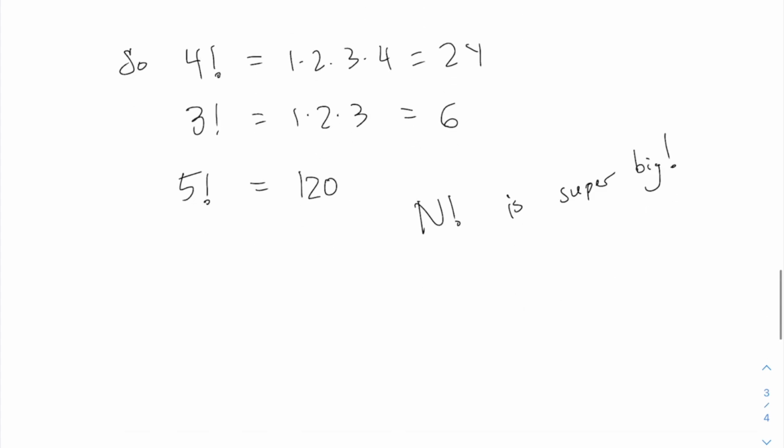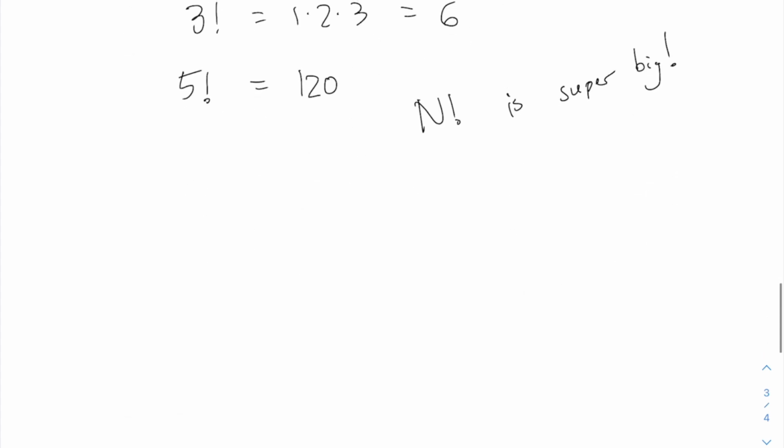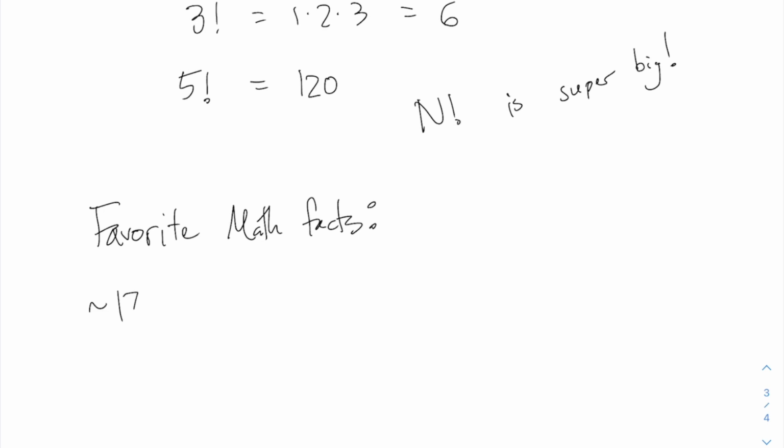We are not going to use this fact, but this is one of my favorite math facts. There's a formula that somebody figured out for figuring out what n factorial is, for a really big number, like 100 factorial. Somebody worked this out around the year 1700.